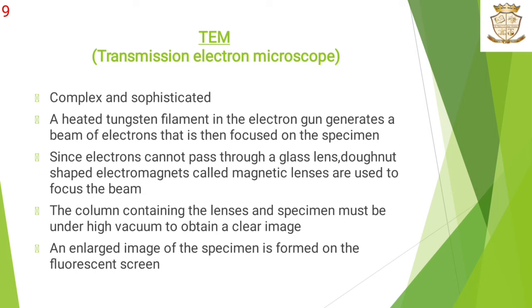In this, a heated tungsten filament in the electron gun generates a beam of electrons that is then focused on the specimen. Since electrons cannot pass through a glass lens, donut-shaped electromagnets called magnetic lenses are used to focus the beam. The column containing the lenses and specimen must be under high vacuum to obtain a clear image. An enlarged image of the specimen is formed on the fluorescent screen.